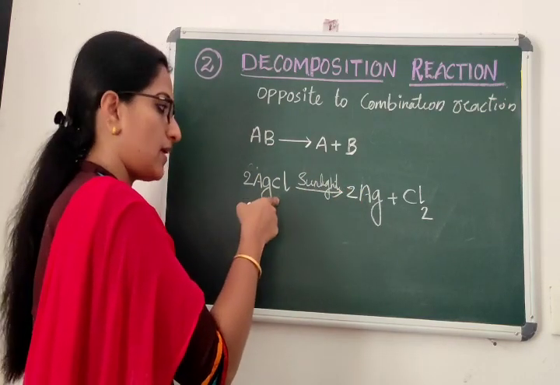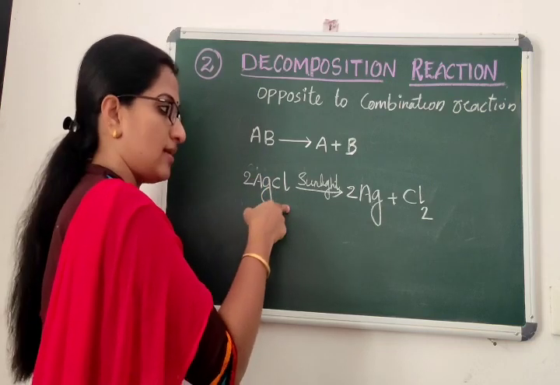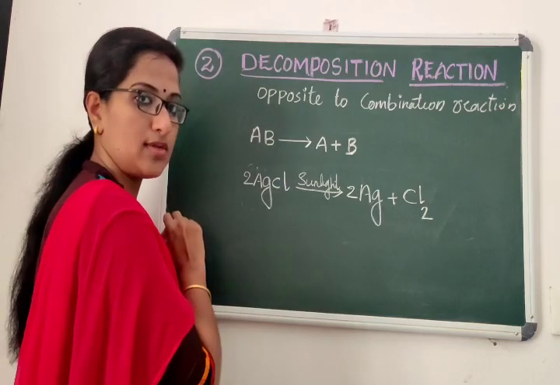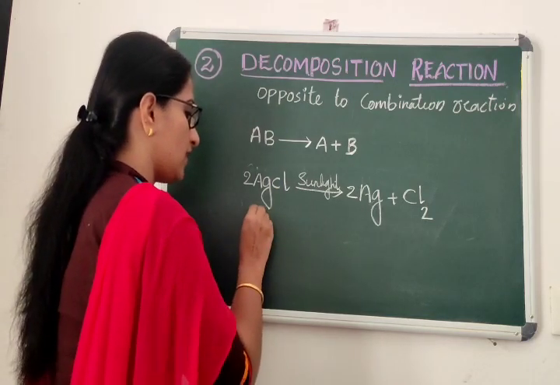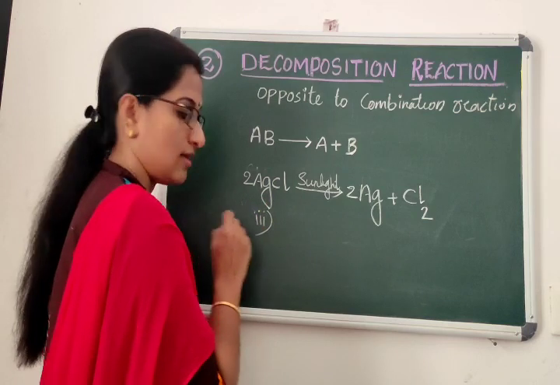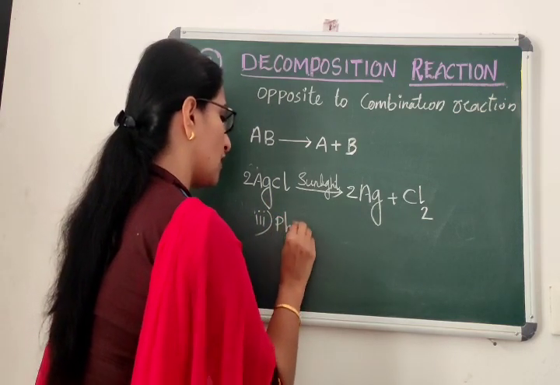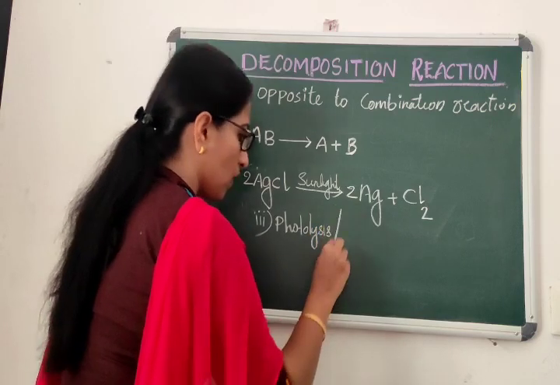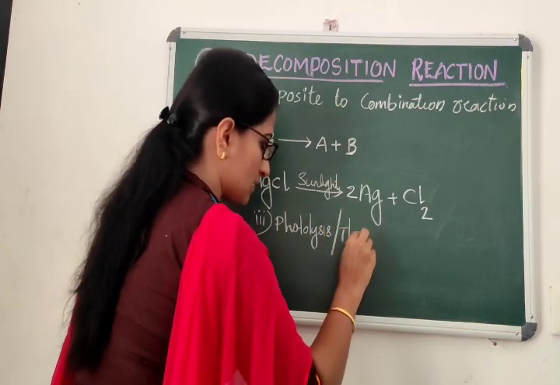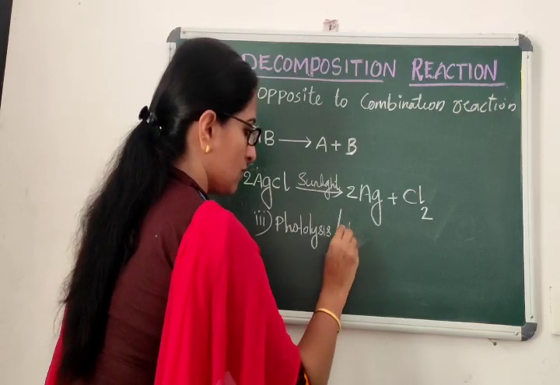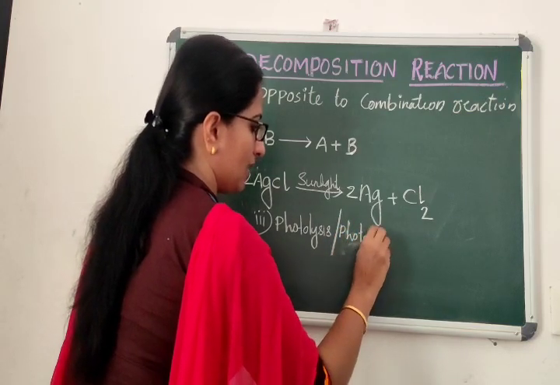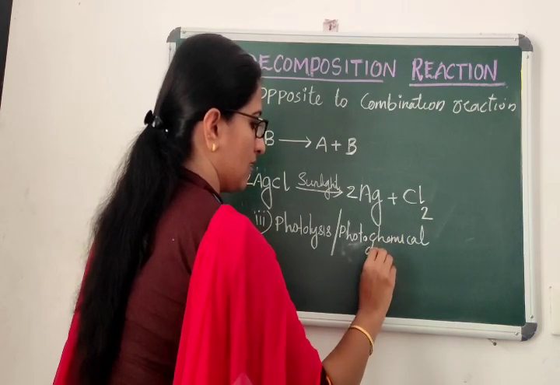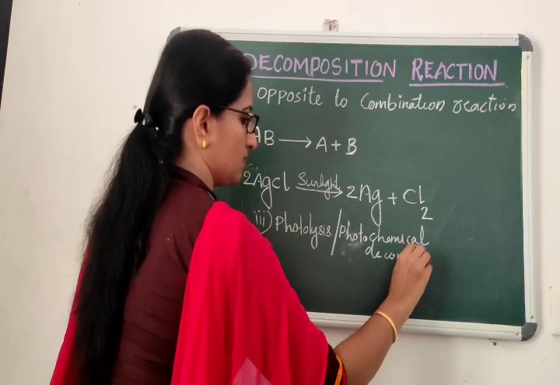Here what happens? In the presence of sunlight, a single reactant is converted to silver and chlorine. You know what type of decomposition it is? This is a third type of decomposition. This reaction is known as photolysis, or photochemical decomposition.